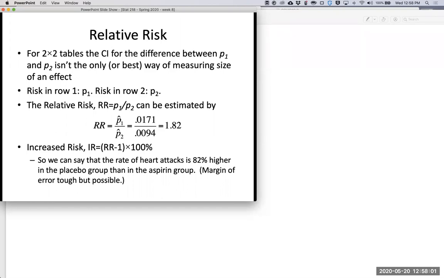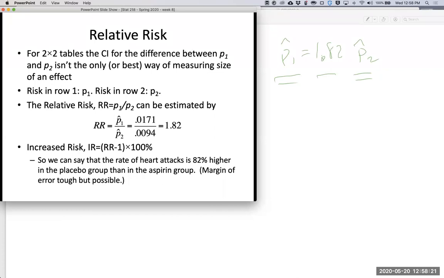So there you go. My relative risk is 1.82. So I would say the following. P1 hat is equal to 1.82 times P2 hat. So in other words, the risk in the placebo group is 1.82 times the risk in the aspirin taking group.